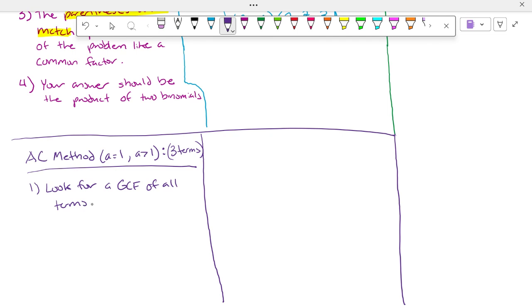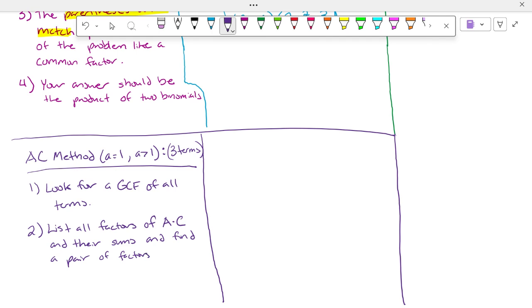Two, list all factors of a times c and their sums. Find a pair of factors that adds to b.